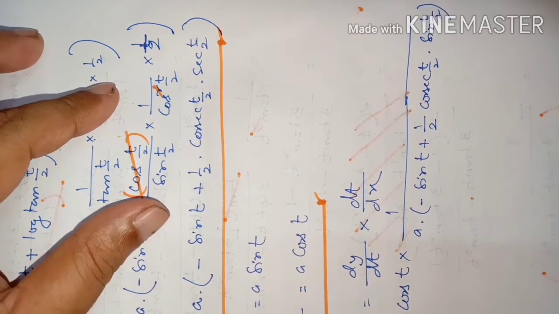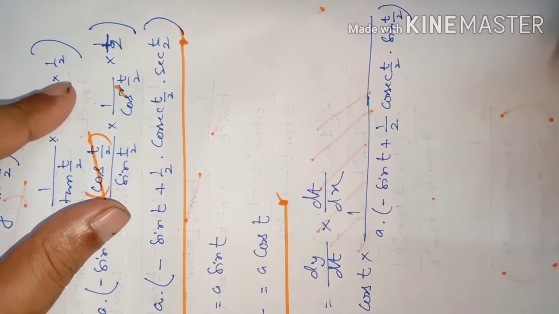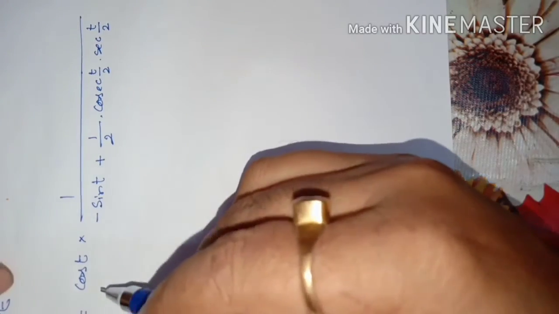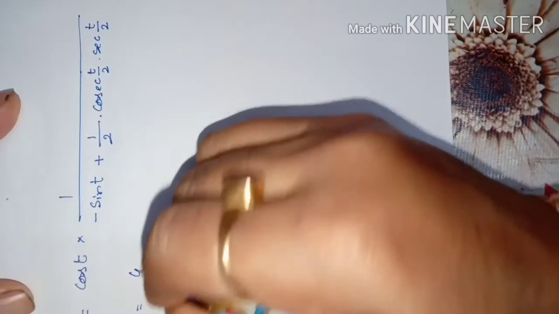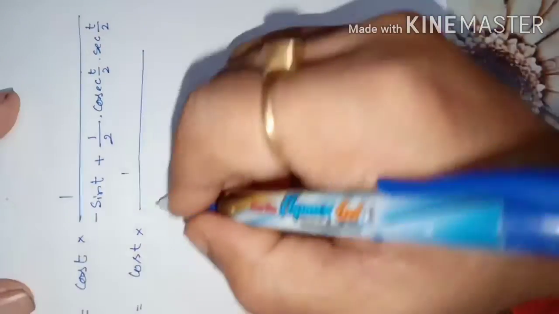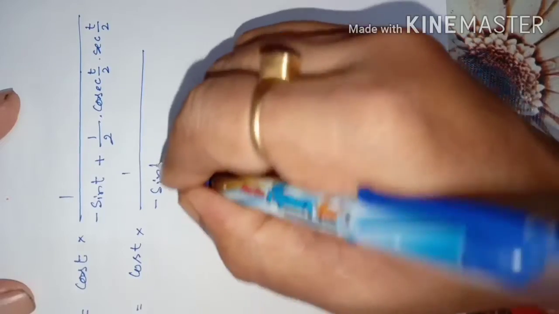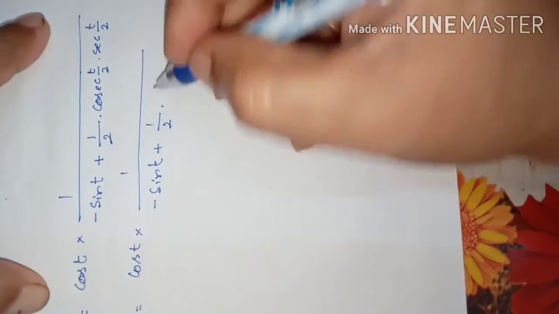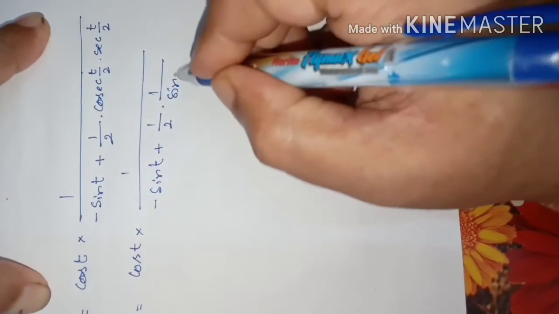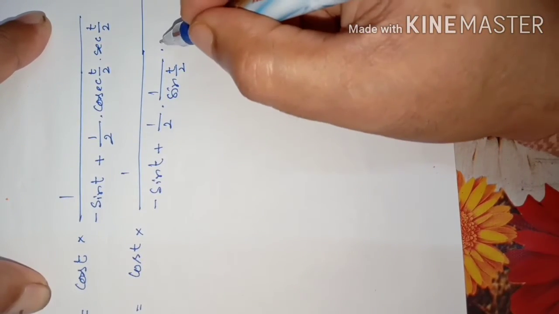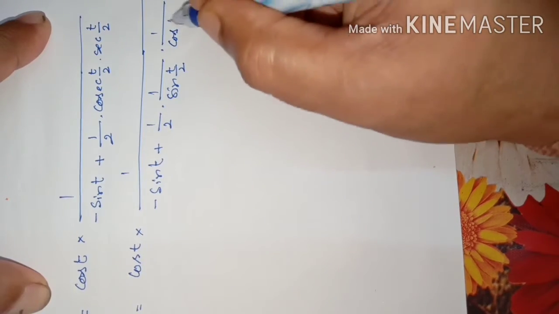Okay, dear students, now after cancellation of the a, it will be like this, you see, cos t into 1 by minus sin t plus 1 by 2 into cosec t by 2 can be written as 1 by sin t by 2 into sec t by 2, we can write it as 1 by cos t by 2.